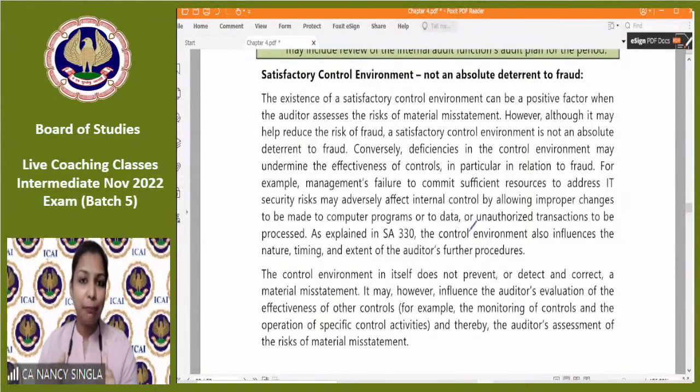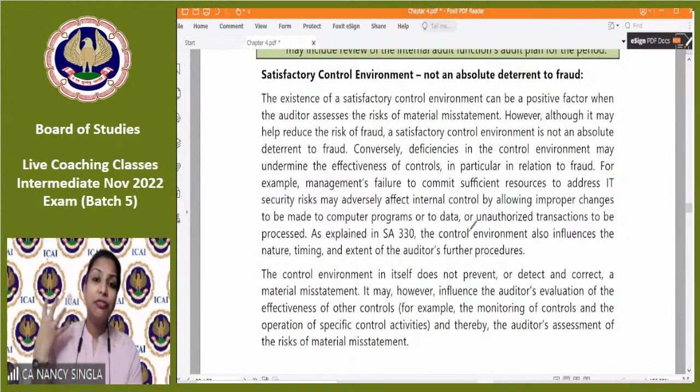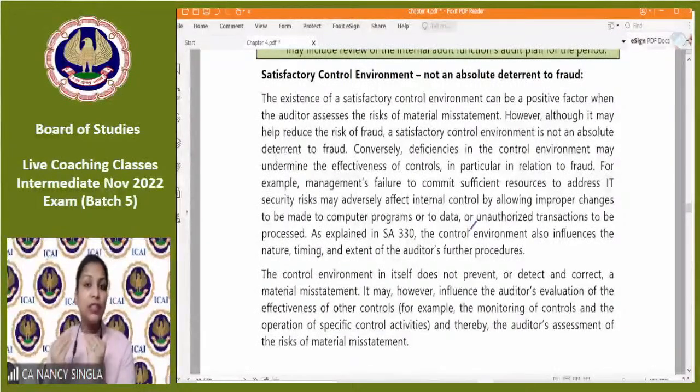Now, if this happens, the control environment is weak, and it will undermine the effectiveness. Why? Because if there is a risk on the IT system, if the passwords are weak, any person can enter the system and make any entry. So if management's attitude towards the IT security risk is not as required, it will undermine the effectiveness of what? Internal control.